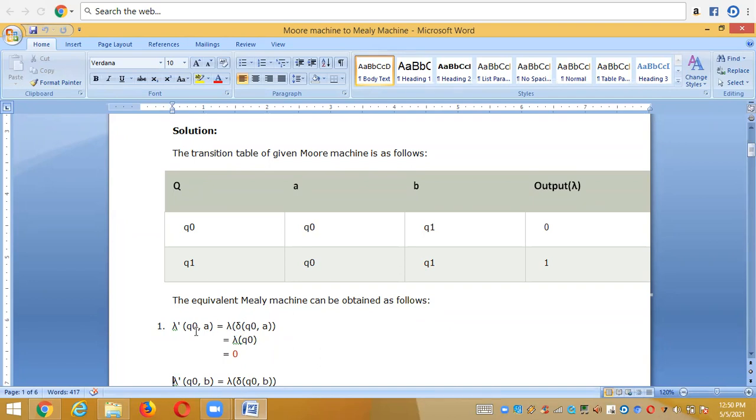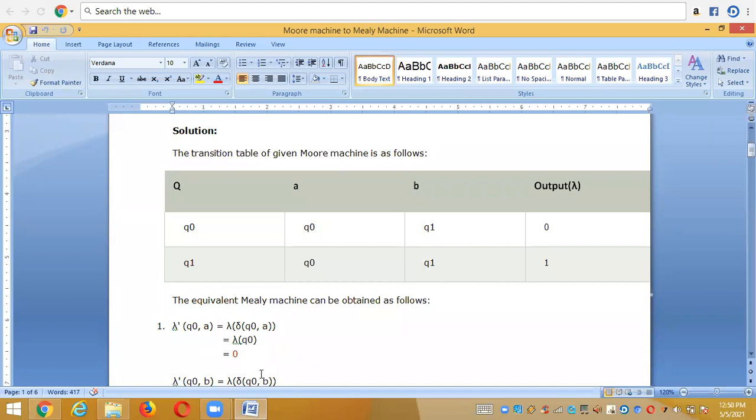What it means is, first you do a transition for this Q0 with A, then you get an output in the form of a state, and you need to check what the lambda of that state is. Then finally you write the output of that state. This output is for lambda dash, the extended output function for the state with its input. Right, is it clear now?